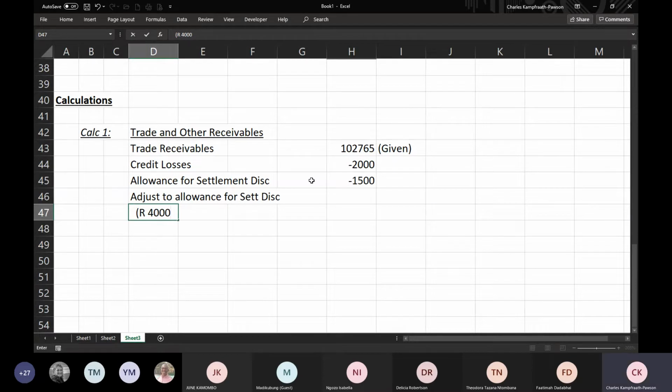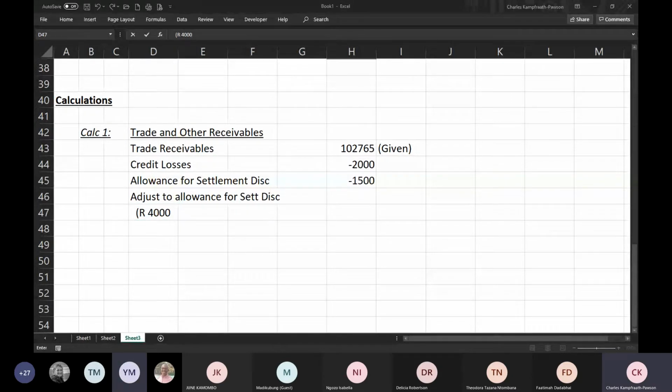What should we provide for? Any ideas? I think we should calculate the 10% discount.